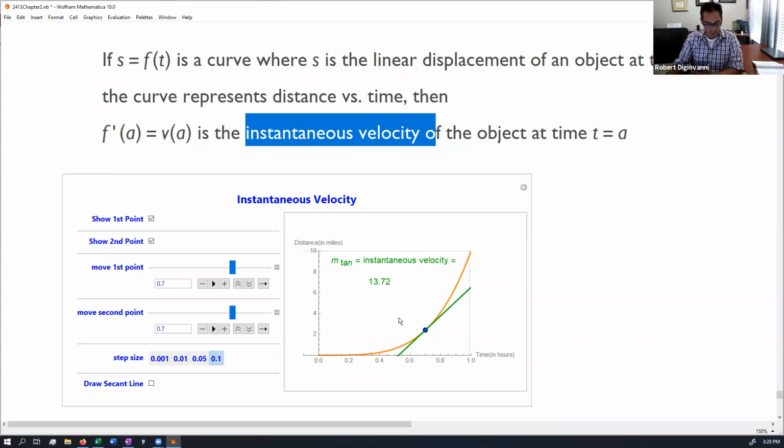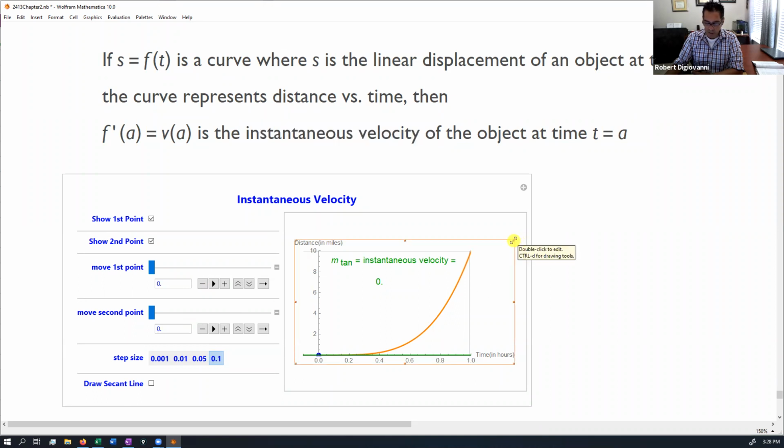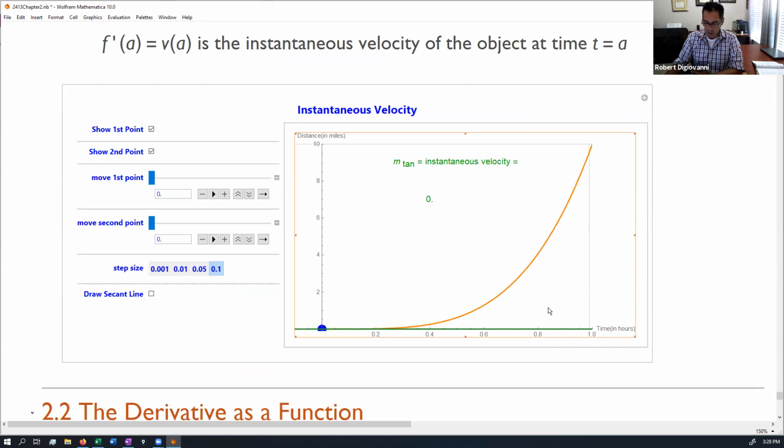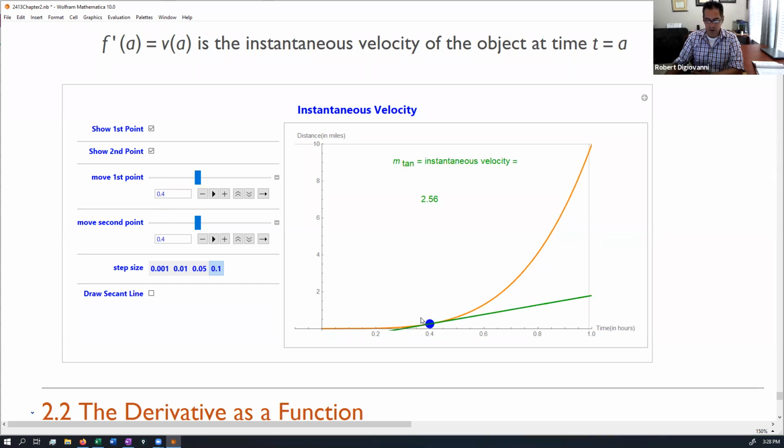So think about this car here. Think about that this is a car. At a certain time you take off, and it's going to be 1 hour here that we're driving. So time is measured in hours. At 1 hour, we've gone roughly about 10 miles. Can you all see that in the beginning of this trip, right about here, the slope of the tangent line is very shallow, not very steep?